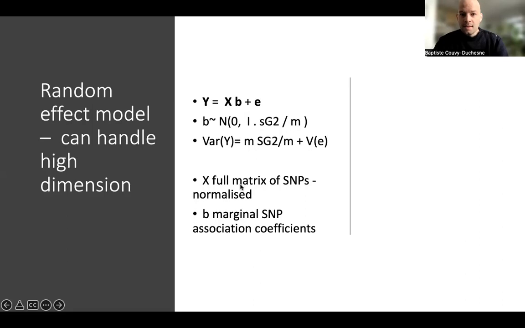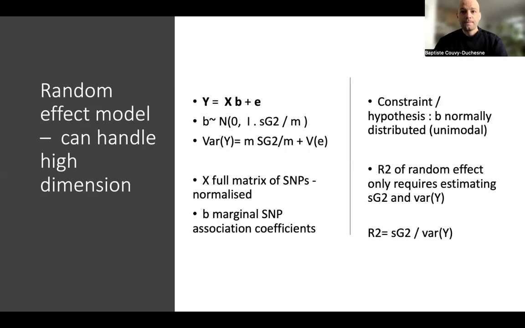So X here is the full matrix of SNPs, standardized. We'll come back to this. And so B here can be seen as the marginal SNP association coefficient. So it's the association of each SNP with a variable of interest Y, but conditioning on all the other SNPs that we have observed and fitted in the model.